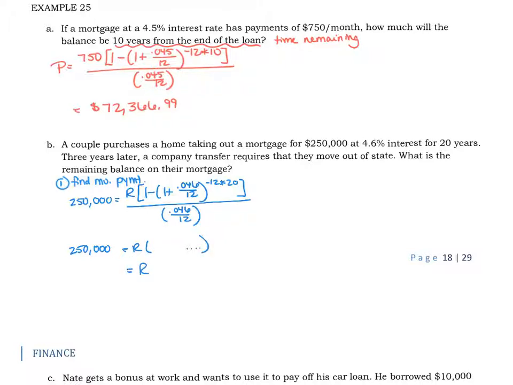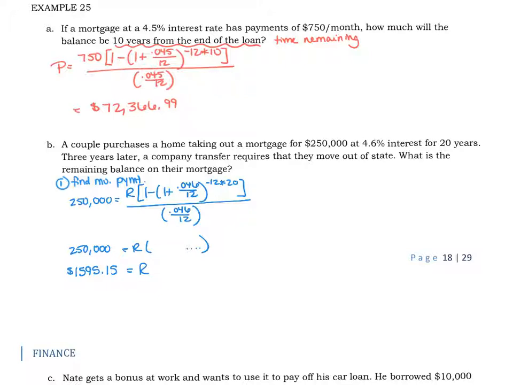And then you're going to divide both sides of the equation by that number. I'm sorry, I don't have that calculated right at the moment, but you'll know here in a second how you did. That regular monthly payment is $1,595.15. So that's step one, find the monthly payment.